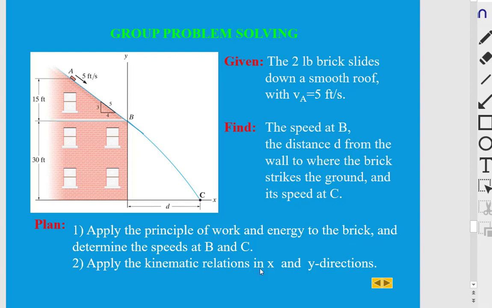That 4 over 5 gives VBX, and using the equation of motion, the distance is equal to the time of flight multiplied by the velocity in x, which is VBX.